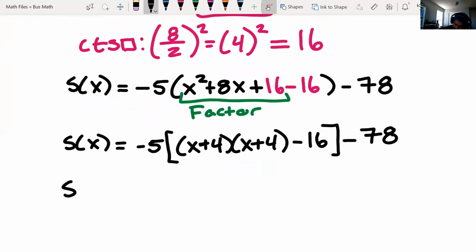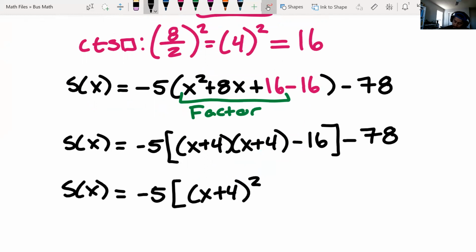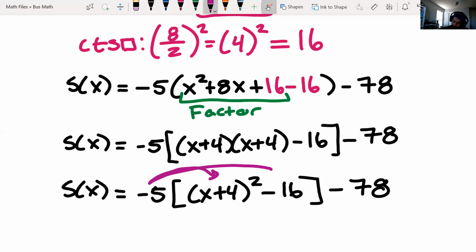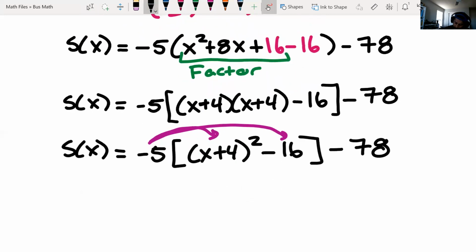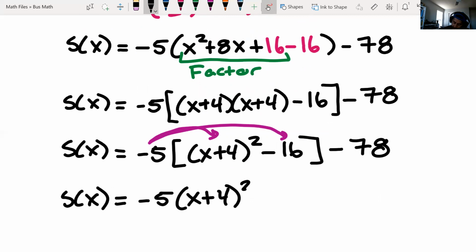One more cleanup here. S of x equals -5, fancy bracket, x plus 4 squared minus 16. And now take this -5 and distribute it to both terms. And you'll get s of x equals -5 times x plus 4 squared plus, what's 5 times 16?